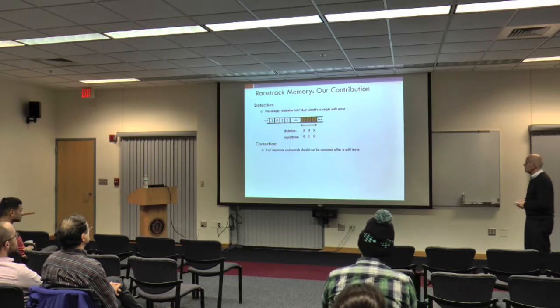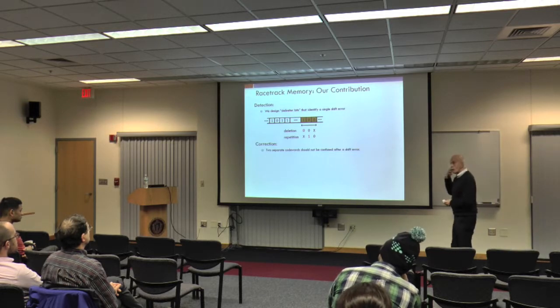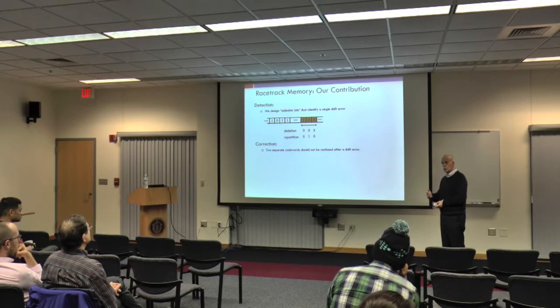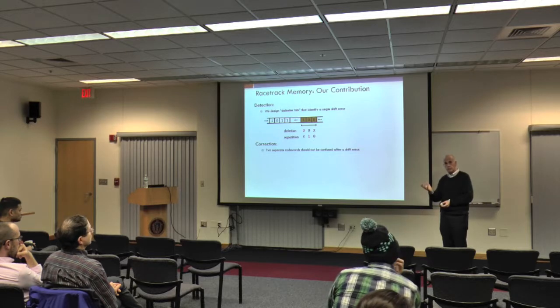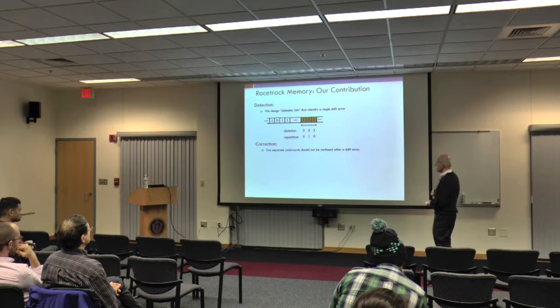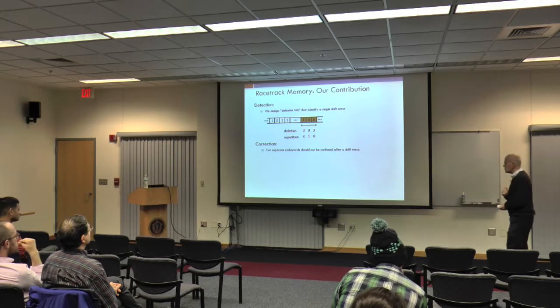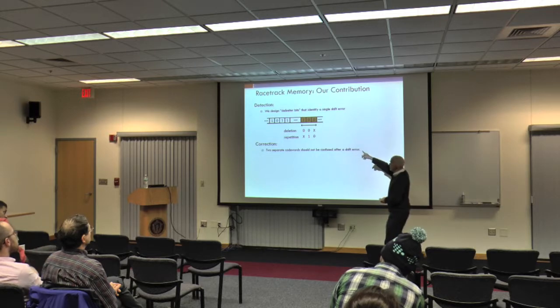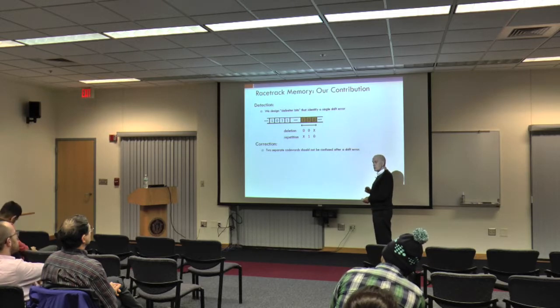So our error model is no more than 1 shift every n bits. We actually don't have to worry about bit flips to a first order, although it is still a little issue, and we have a way of thinking about that. But we put in these 3 delimiter bits.